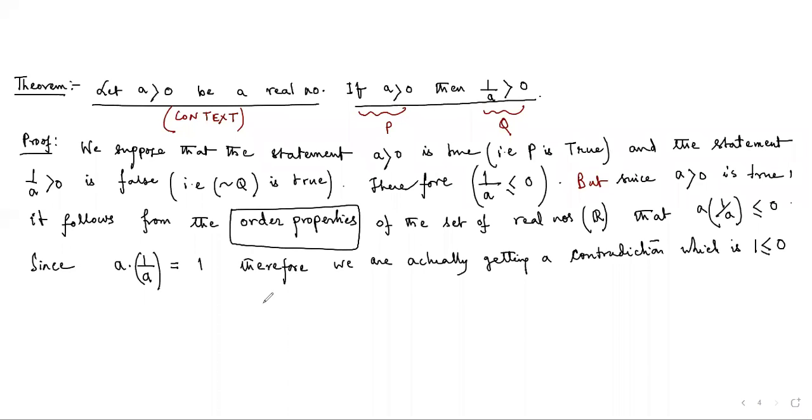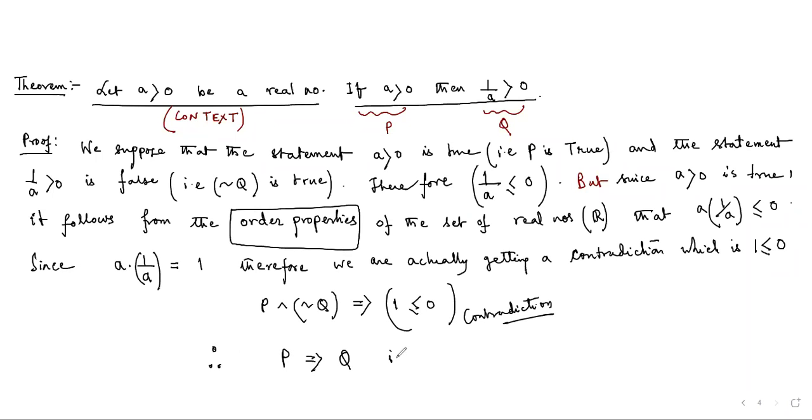Therefore P and not Q is leading to the contradiction that 1 is less than or equal to 0. Therefore P implies Q. That is, A greater than 0 implies 1 by A greater than 0, and this proves my desired result.